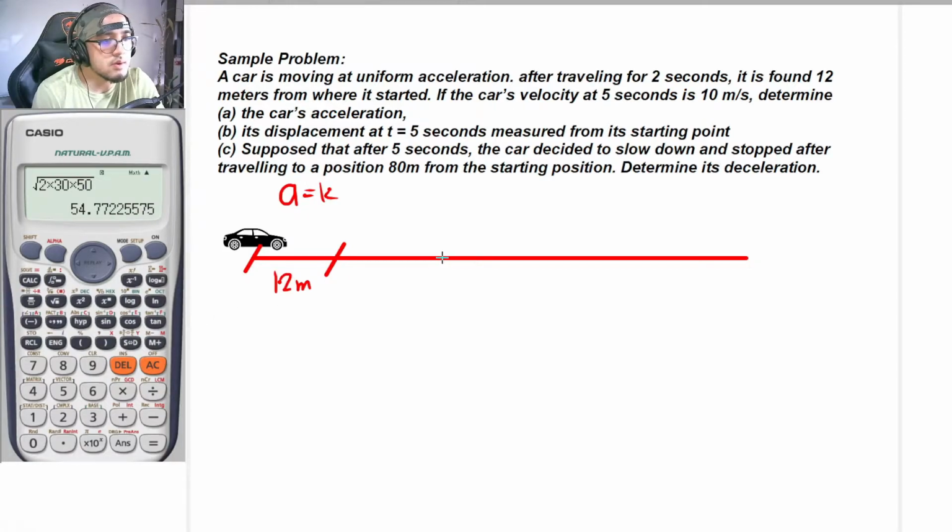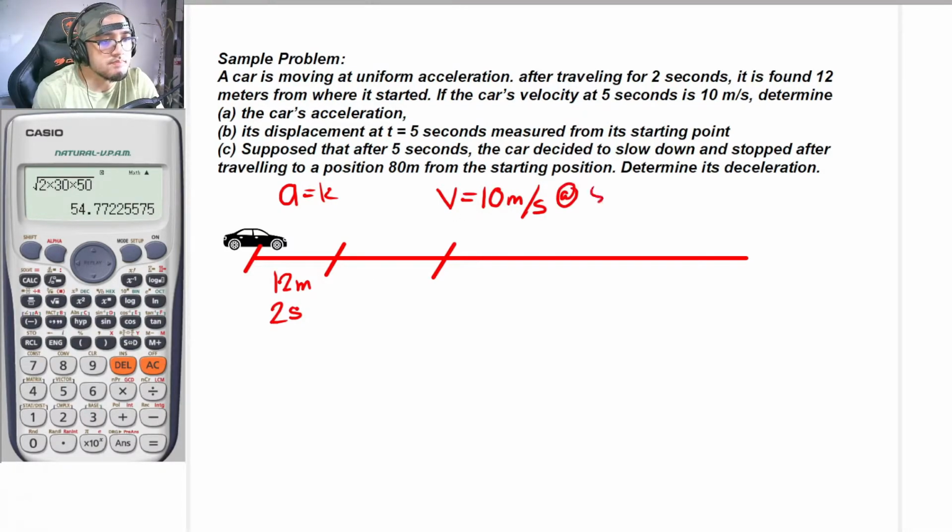Let's say this is the 5-second mark, just for pretend. Once again, it has traveled 12 meters in a span of 2 seconds. After 5 seconds, its velocity, v, is equal to 10 meters per second.